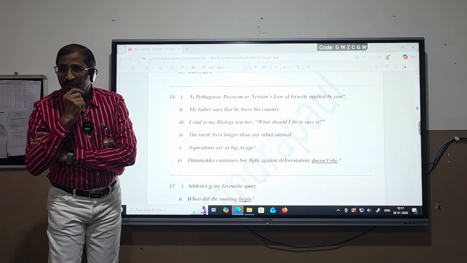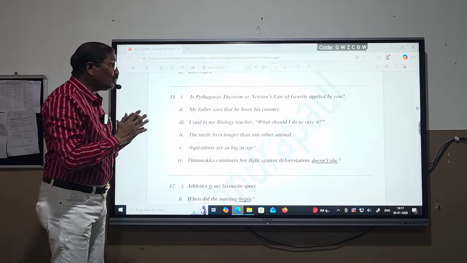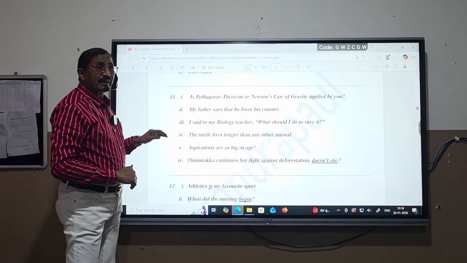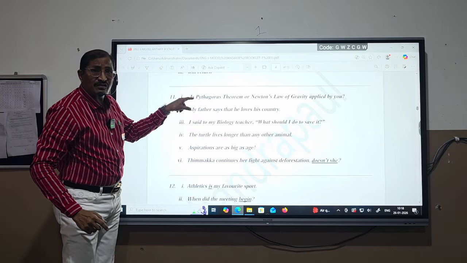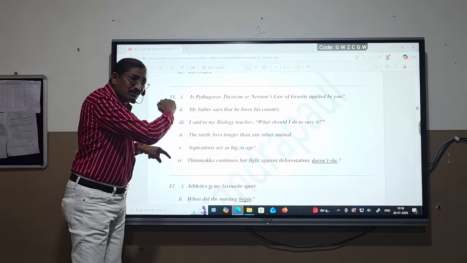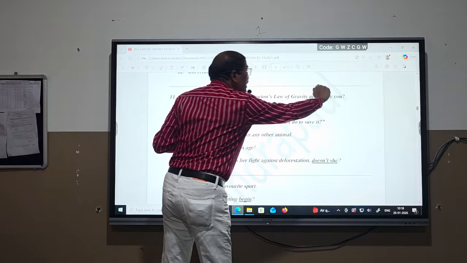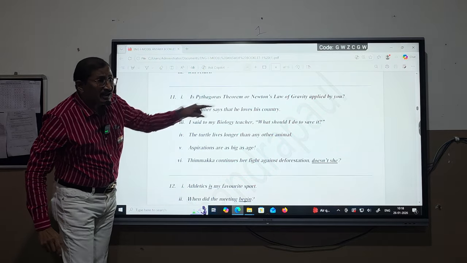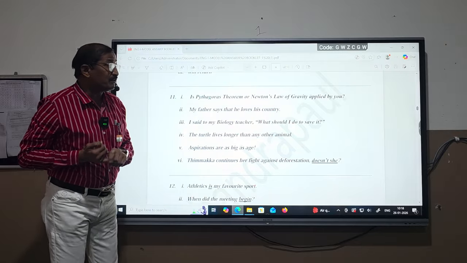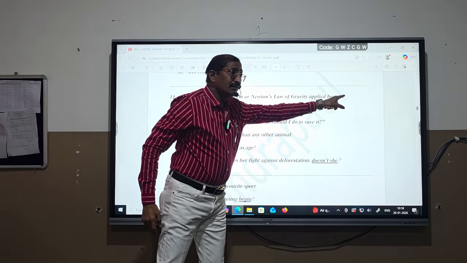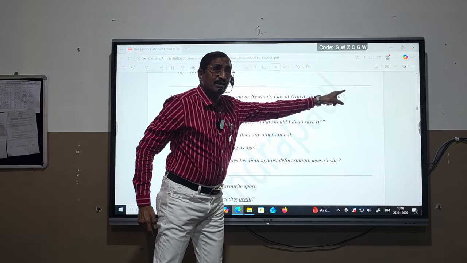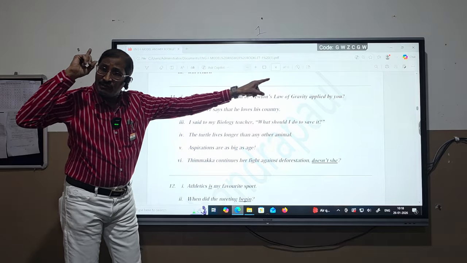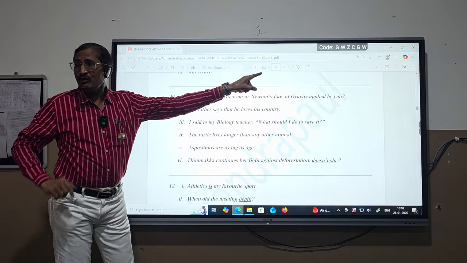You have to rewrite the entire sentence. For example, the first one is passive voice. You have to change it into a complete sentence and write the entire sentence. Second one also entire sentence. Beware of punctuation marks. Be careful. Whether it ends with a question, active voice or passive voice, whatever mark is given, that you have to maintain.